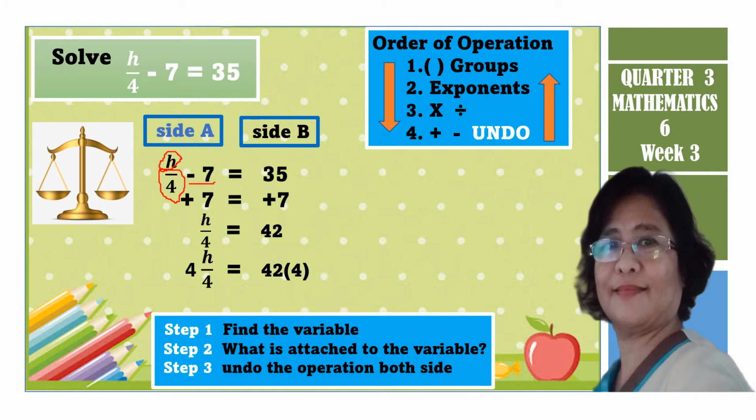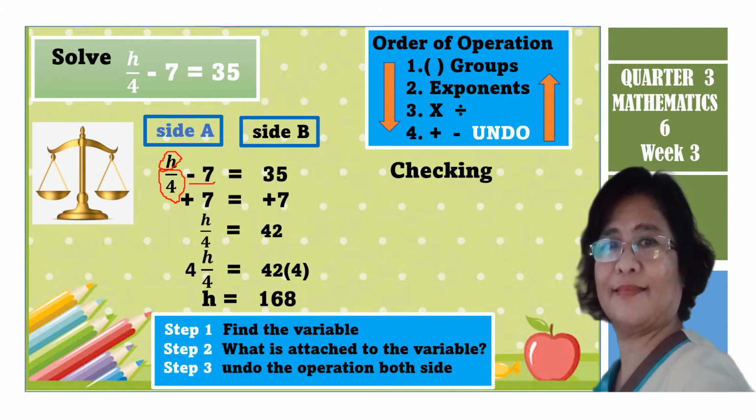So, ayan. So, para matanggal yan, kakancel natin yung 4 and 4 because 4 divided by 4 is equal to 1. So, h na lang ang natira, is equals to 42 times 4. The answer is 168. So, therefore, h is equals to 168.